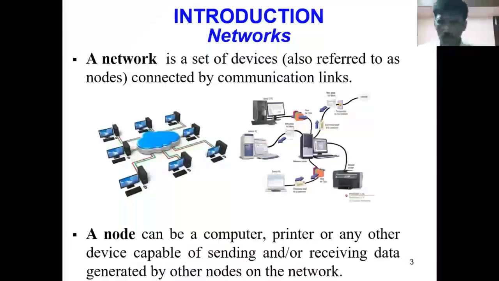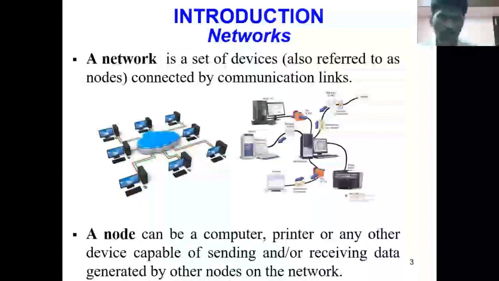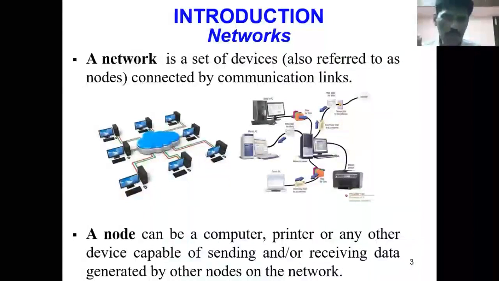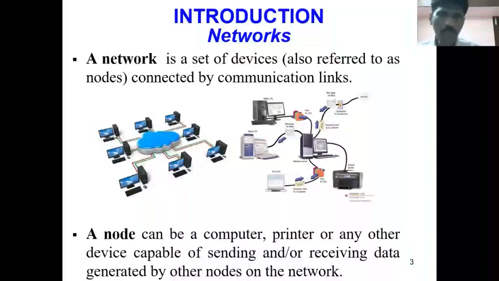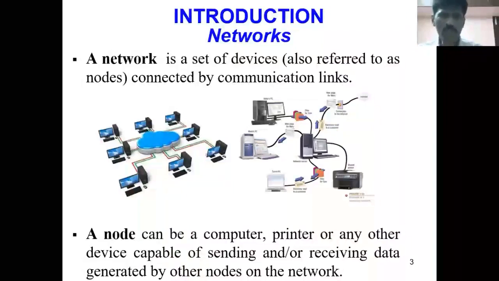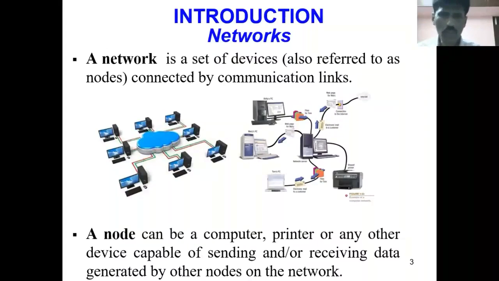So before going into details on the topic, let's see what a network is. A network is a set of devices connected by communication links. The devices are normally referred to as nodes.